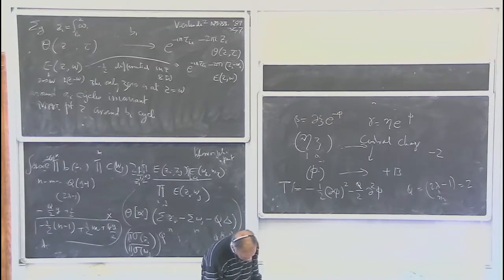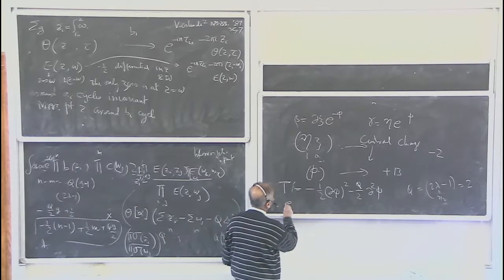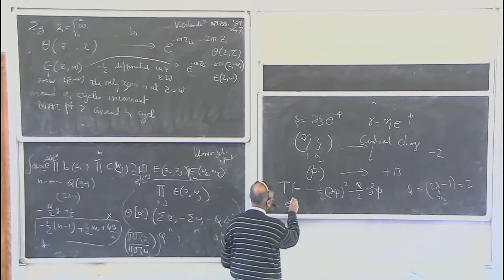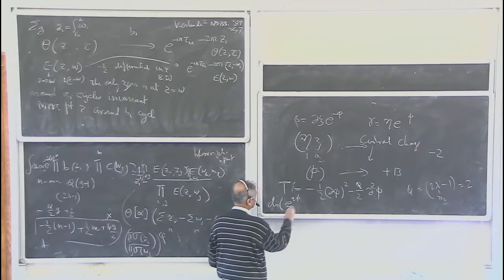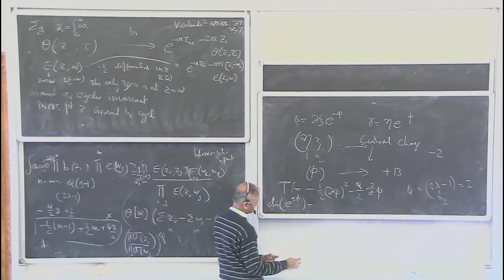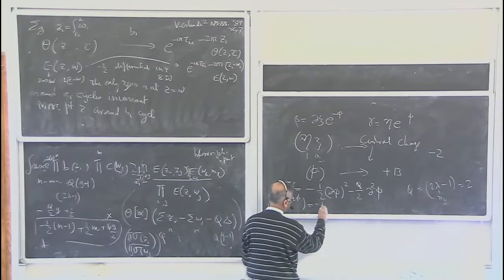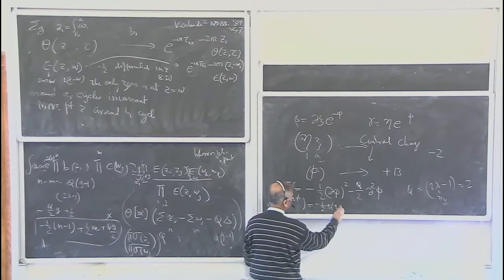I think the dimension of the operator e to the power of q phi will be minus half q times (q plus Q).